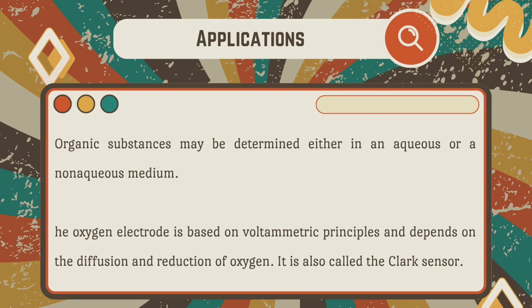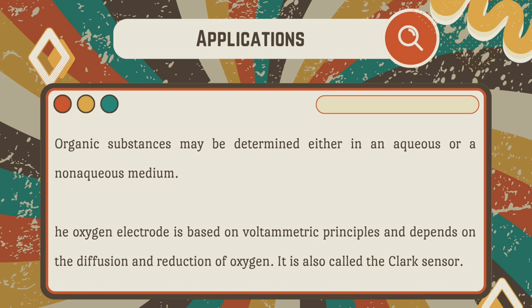The cell has a lead anode and a silver cathode set close together in an alkaline solution, often 1 M KOH. At the anode, the reaction occurs; the silver cathode is inert unless oxygen or another reducible species can diffuse to it. A semi-permeable membrane through which only oxygen can diffuse surrounds the electrodes, and then the reduction reaction takes place.